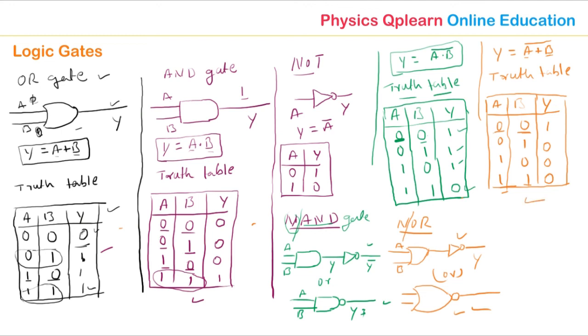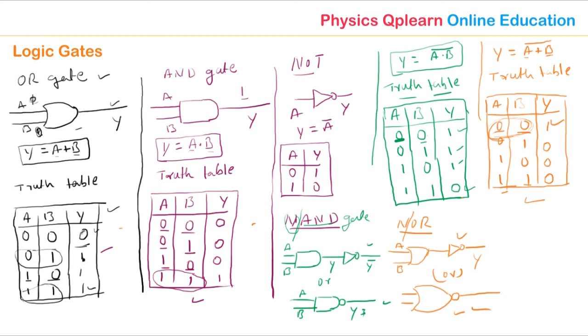Just remember that the output of the NOR gate is high when both the inputs are low. Carefully listen, when both the inputs are low, its output is high. In any condition except this, whether it is 1 0, 0 1, or both 1, the output will become low, that is 0.